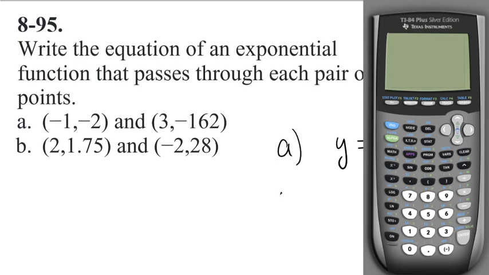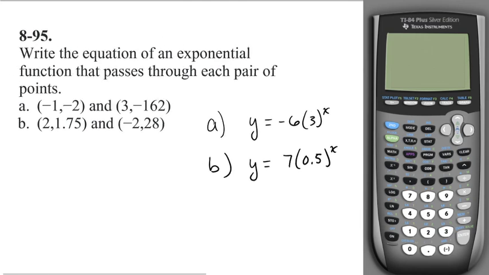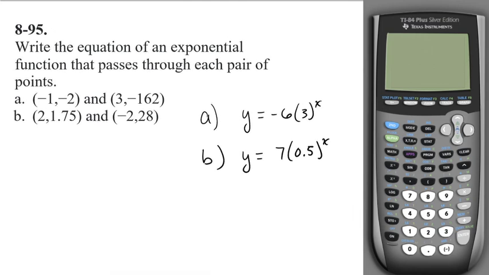And for B, you should have had y is equal to 7 times 0.5, or you could have the 1/2 there, raised to the x power. So if you're stuck, you didn't quite get those, you need help, make sure you stop in this afternoon and talk to me.